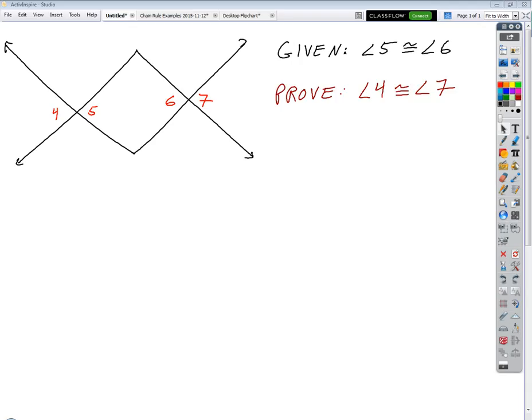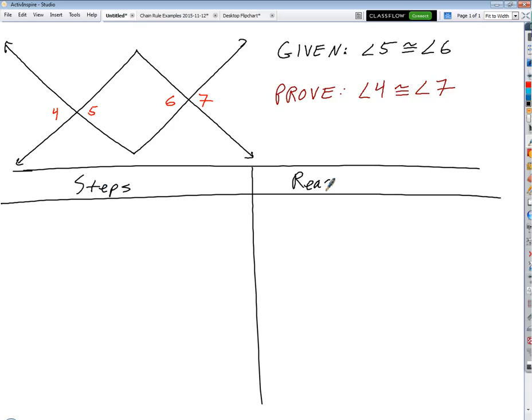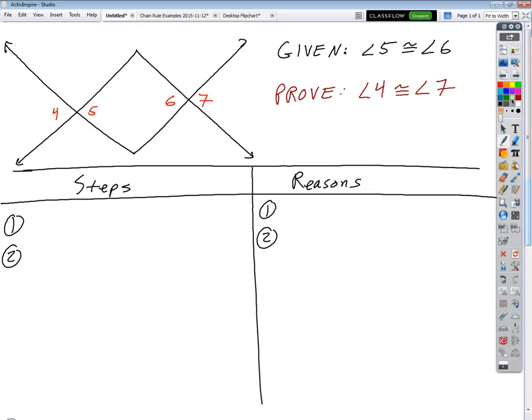Let's come up with a strategy. Any ideas?